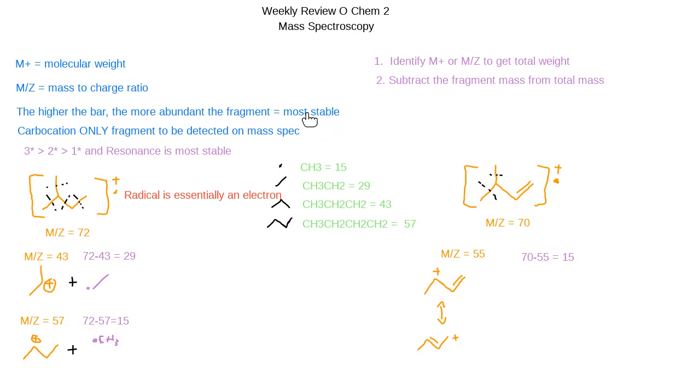So let's say we have another structure, and instead of the double bond being there, we have it right here. And as you know, the mass is still 70, and I still want an M/Z of 55. So I'll write that down.